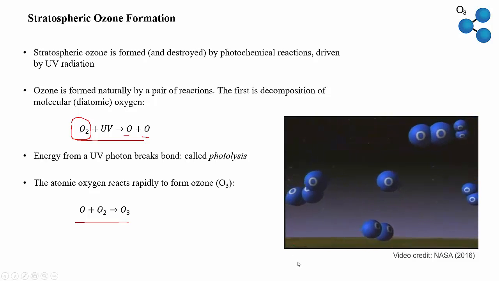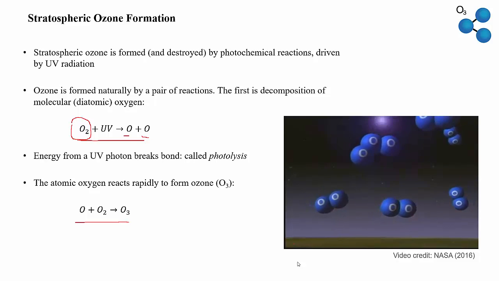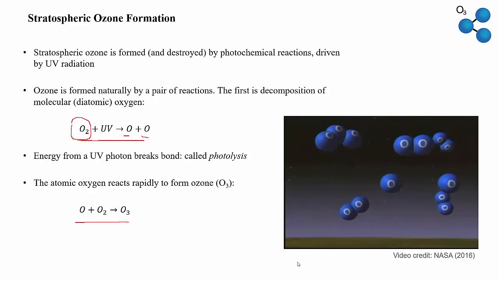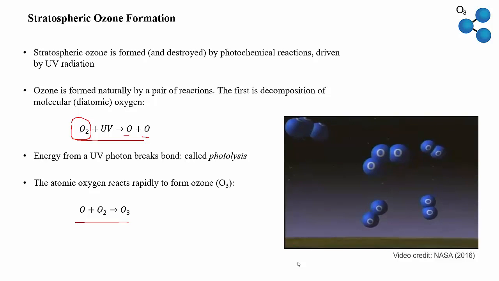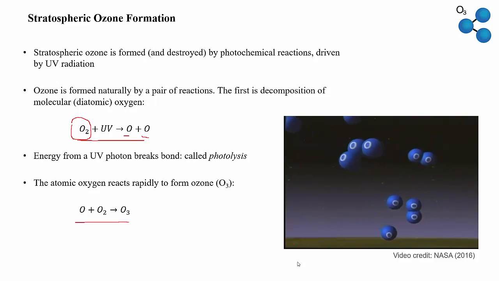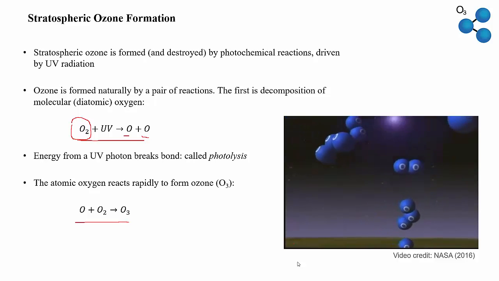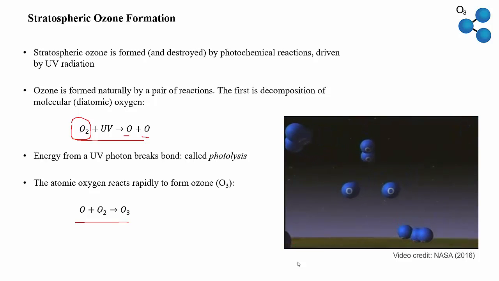So we can see the oxygen molecule getting hit by a photon, breaking apart, and then the atomic oxygen floating off and finding an O2 molecule to form O3. Let me play that again so you can just watch.